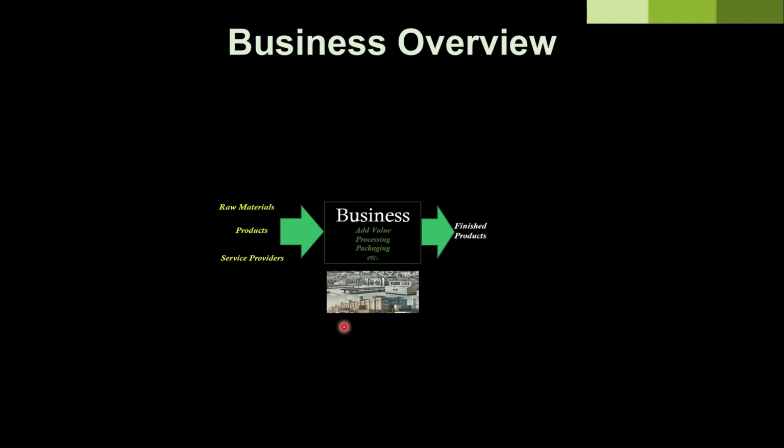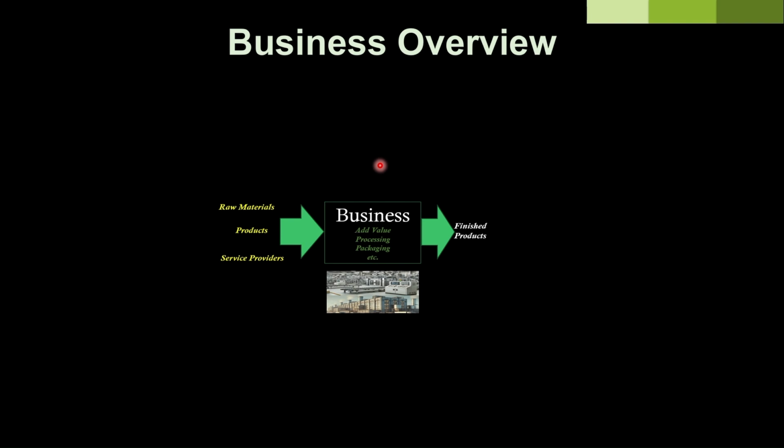So the business is expected to have products which they sell in order to generate revenue for the organization or the business entity. And then depending on the model of the business, what appears in the input might be different.